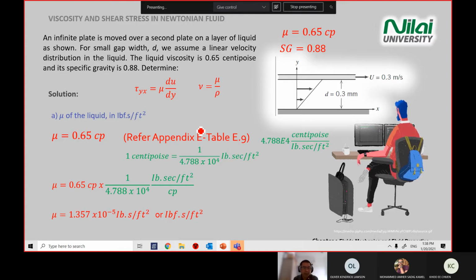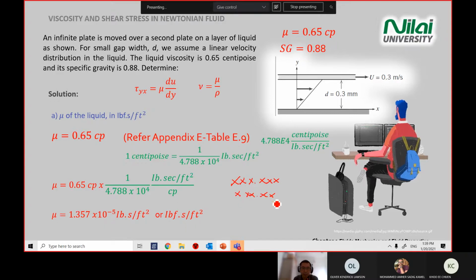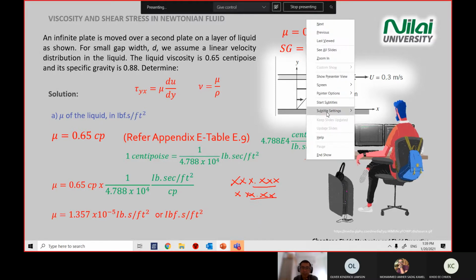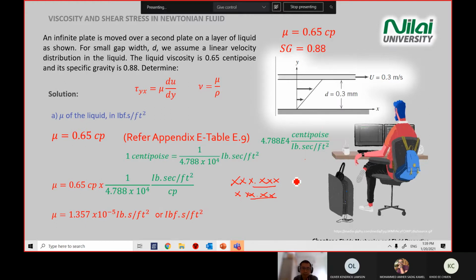Now for this module, your answer should be maximum 3 decimal places, minimum 2 decimal places. Of course, if you have an index value of 10, then you need to write it.